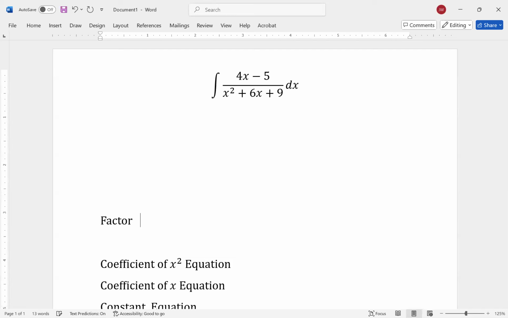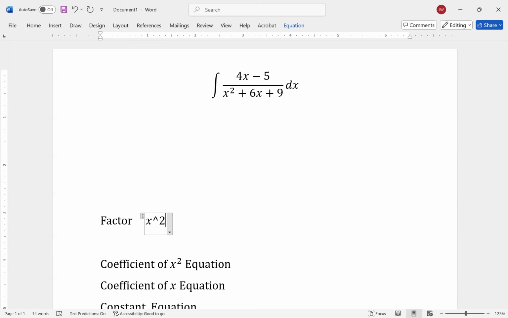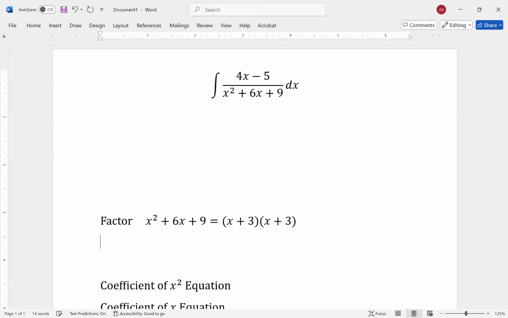In this case, our denominator of x squared plus 6x plus 9 factors into linear pieces that are the same. In other words, we're going to get x plus 3 times another copy of x plus 3.